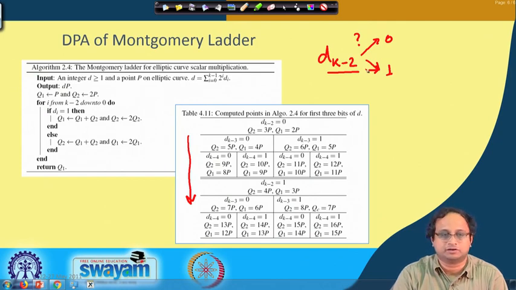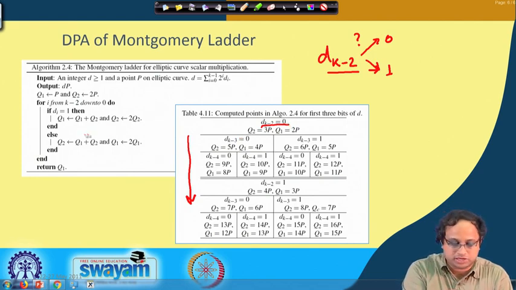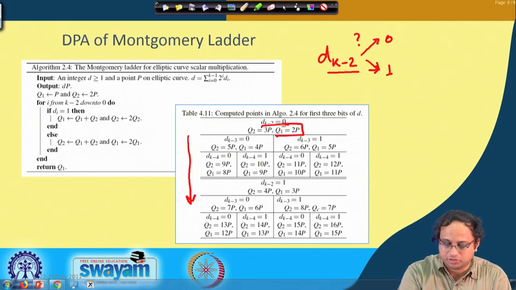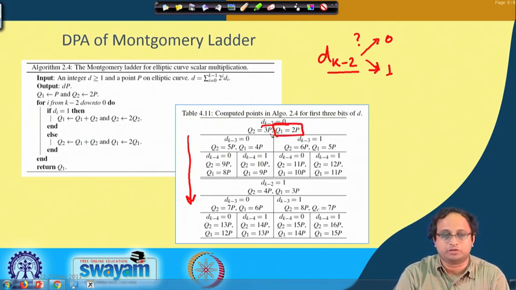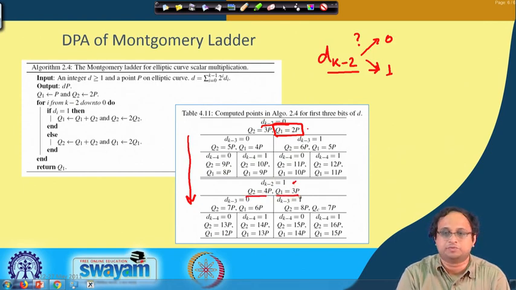in a mathematical fashion. But what I observe is that if d_{k-2} is equal to 0, then there are two registers, Q2 and Q1, and Q1, for example, is equal to 2P. On the other hand, if this bit is 1, then 2P never occurs. If this is 1, then Q2 is 4P and Q1 is 3P.